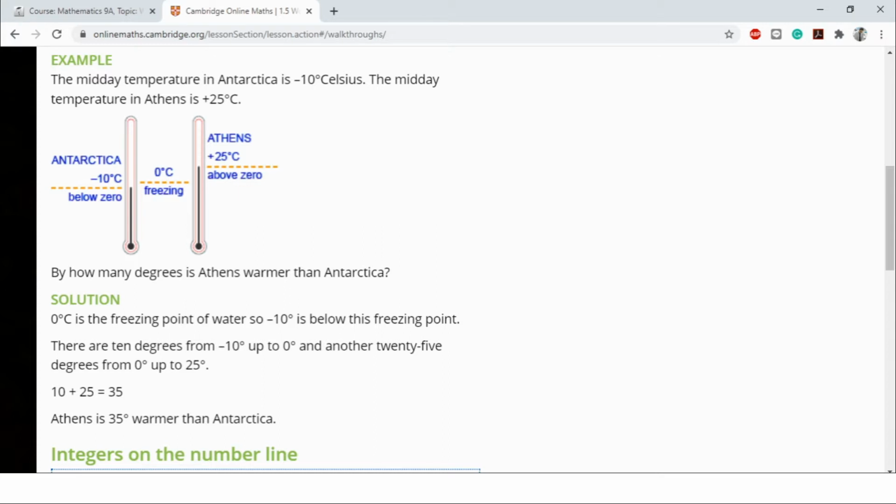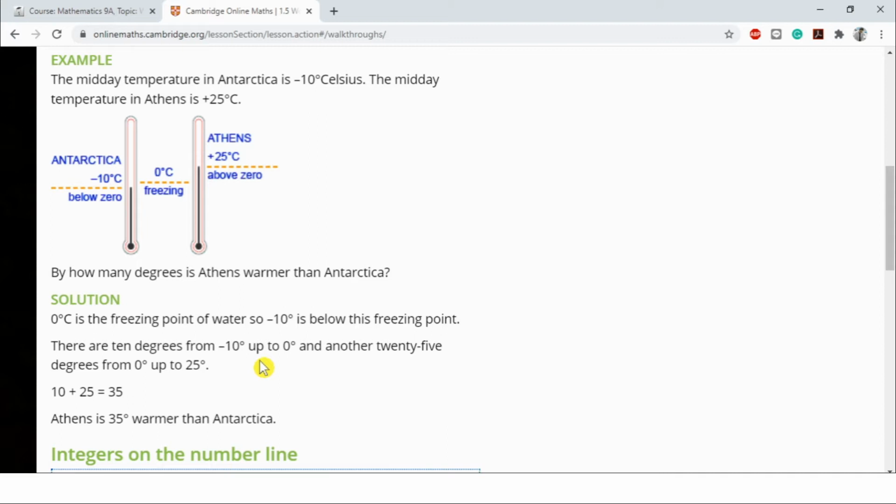So it is like a comparison, and we need to find the difference, right? 0 degrees Celsius is the freezing point of water, so negative 10 degrees is below this freezing point. There are 10 degrees from negative 10 up to 0, and another 25 degrees from 0 up to 25 degrees.